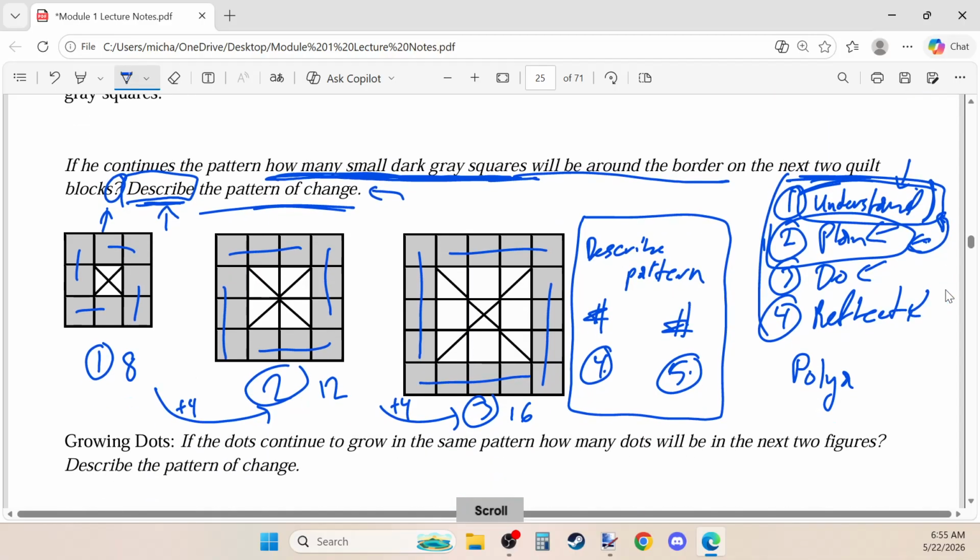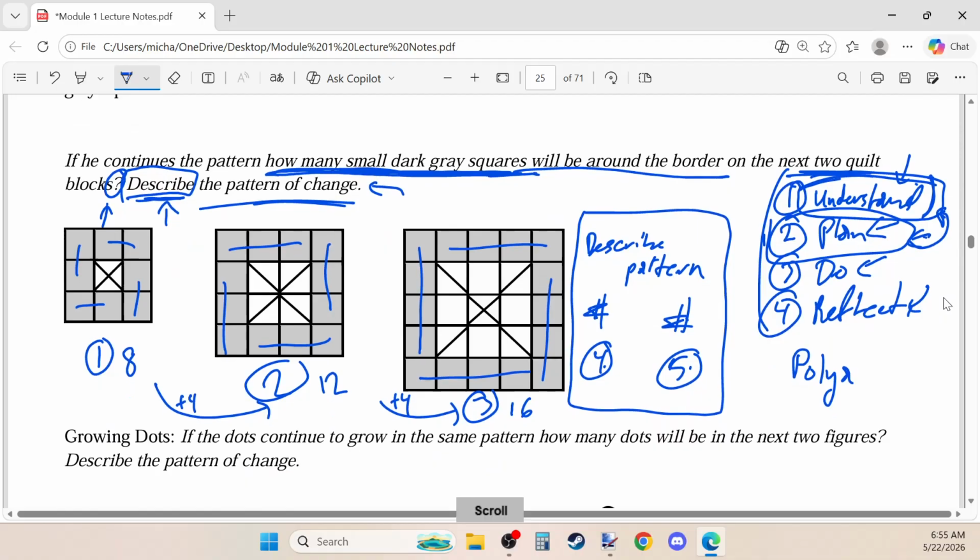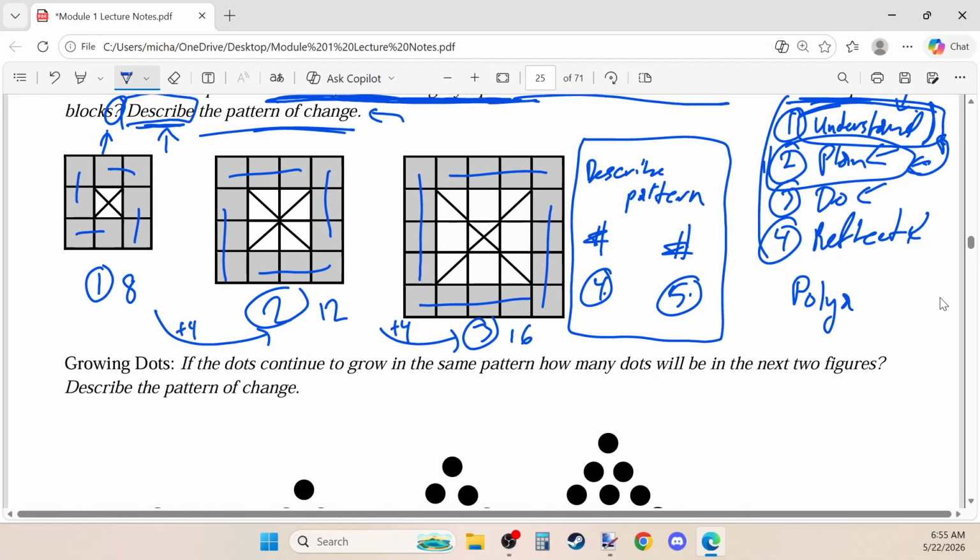Am I sure that that pattern continues? Well, let's think about, is there a reason why it goes up by 4? Well, it might be because I have 4 sides to the shape, and each side is getting longer by 1 block.